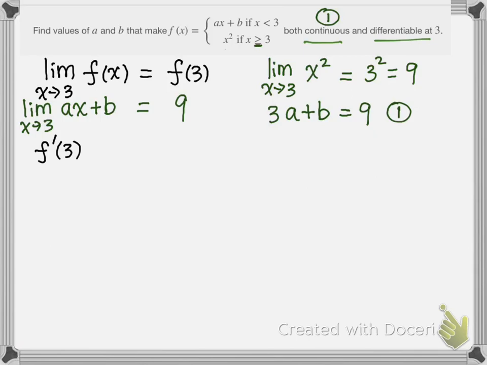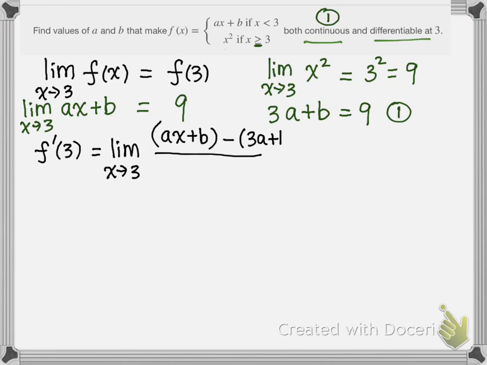And for the second condition, for it to be differentiable, now we need to look at both sides. What it's telling you is the limit as x approaches 3 on the left hand side of ax plus b minus f of 3, which is just 3a plus b, divided by x minus 3, must exist.